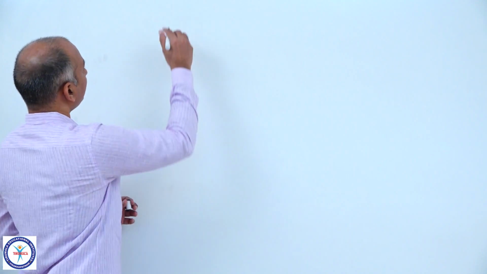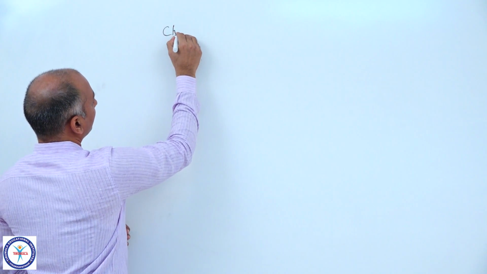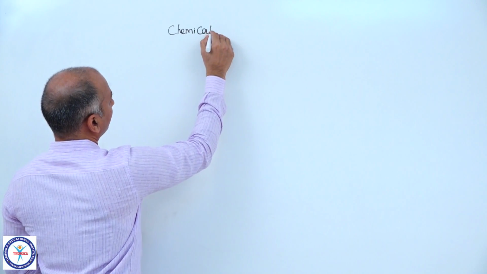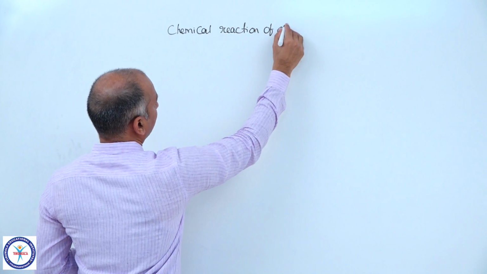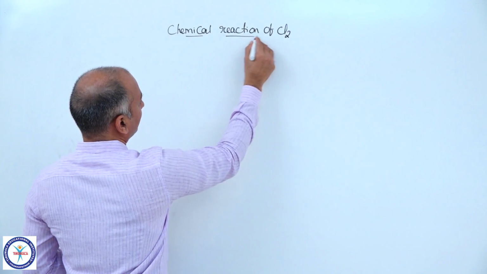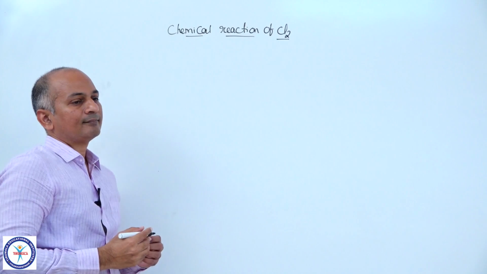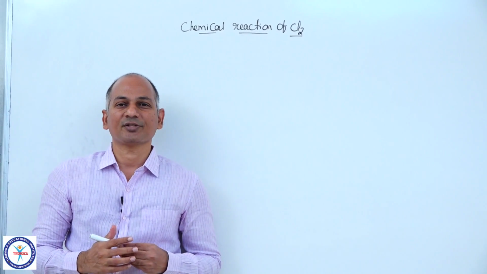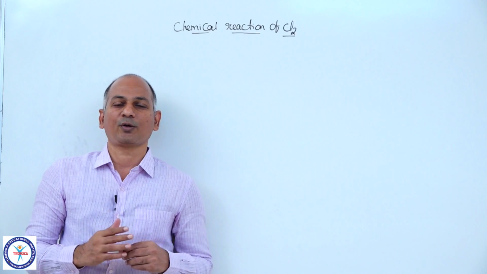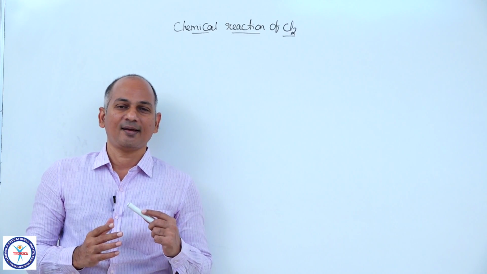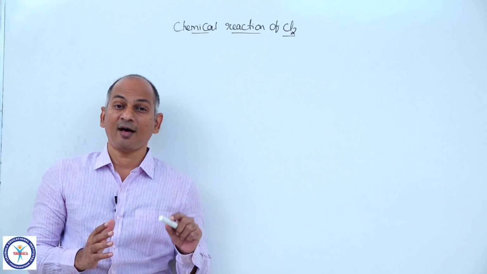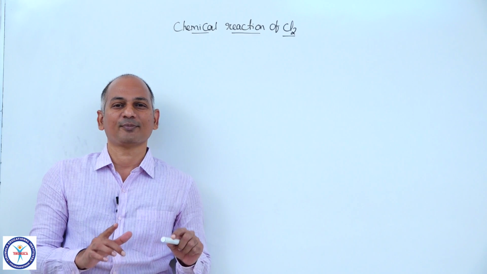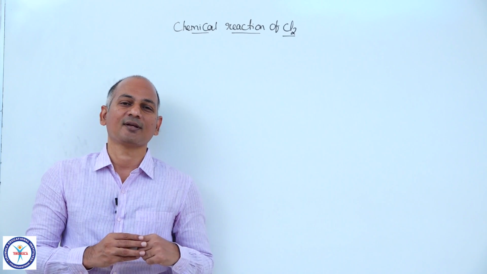Now let me discuss the chemical reactions of chlorine. In these chemical reactions, I will discuss how chlorine reacts with metals, but you already know that, we have seen that. How this chlorine reacts with non-metals, this also we discussed in our previous chapters.